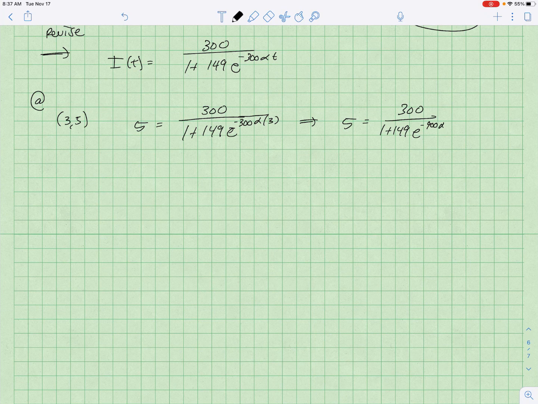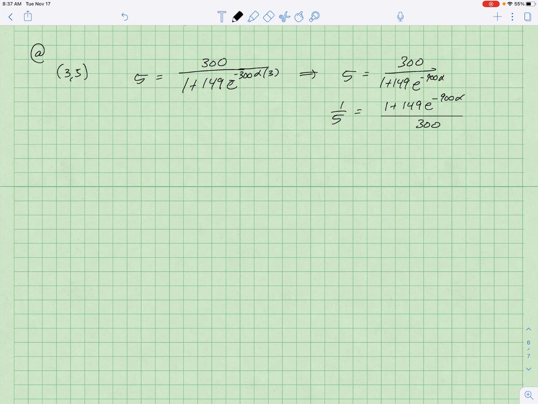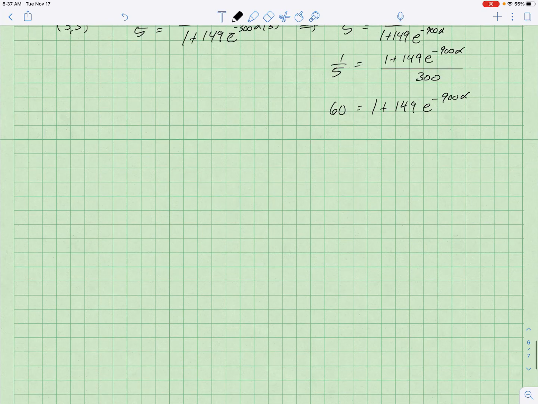So let's take the reciprocal of both sides. 1/5 is equal to 1 plus 149 e to the negative 900 alpha over 300. I'll multiply both sides by 300, and that'll be 60 is equal to 1 plus 149 e to the negative 900 alpha.